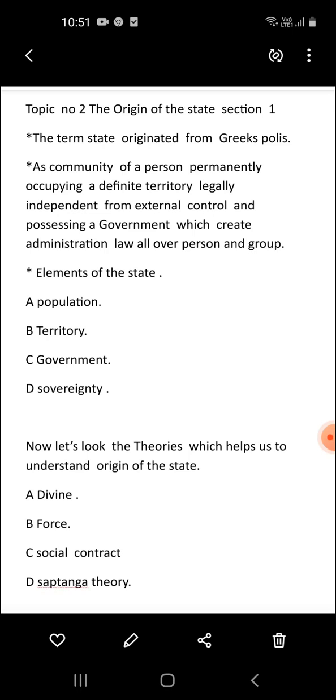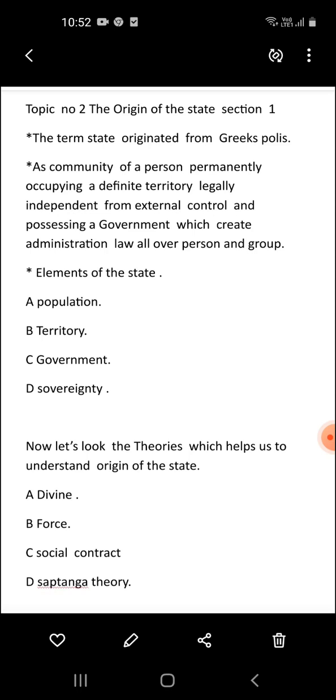Now, the word politics is derived from the Greek word polis, which means city state. And the Greek philosophers believed that it includes all the activities of the state, because the people of Greece never differentiated between social and political life.